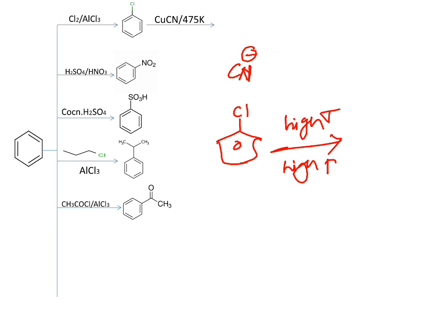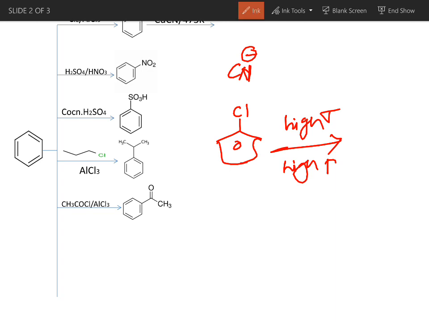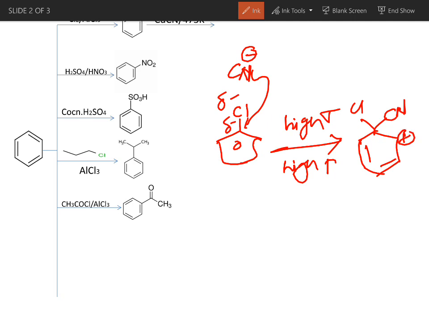nucleophilic substitution reaction. Now CN-, which is acting as nucleophile, can attack on this carbon due to presence of polarity, and it will give a compound something like this. Here it is Cl, CN, here it will be positive charge.